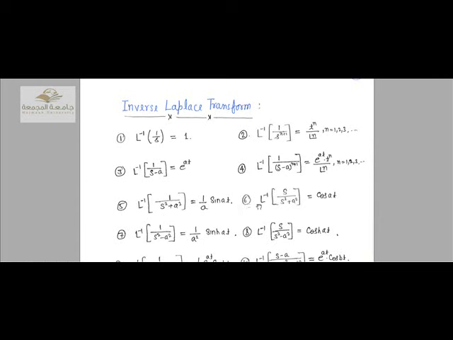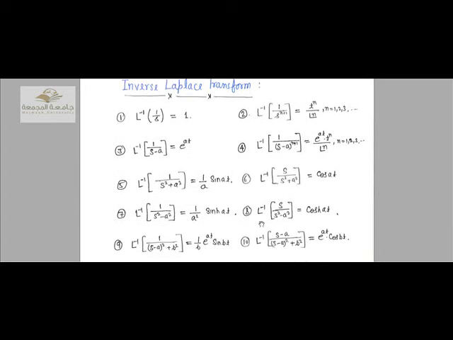Sixth one, L inverse of s over s square plus a square is equal to cosine at. Seventh one, L inverse of 1 by s square minus a square is equal to 1 by a sine hyperbolic at. Eighth one, L inverse of s over s square minus a square is equal to cosine hyperbolic at.